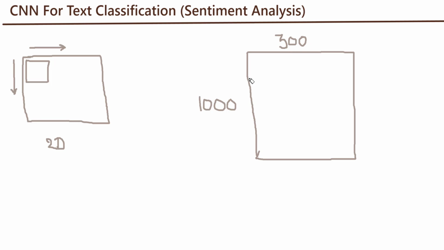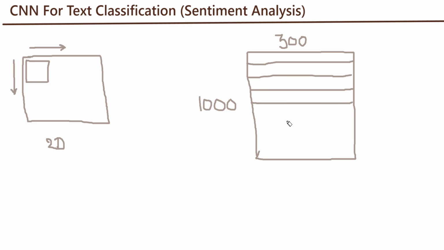So the matrix size will be 1000 by 300. 1000 unique words are there and 300 is the dimension for each vector. So we have a matrix of size 1000 comma 300.